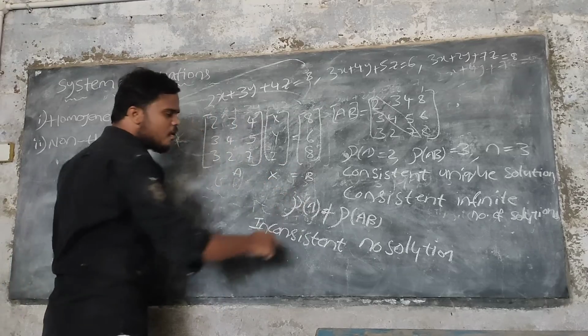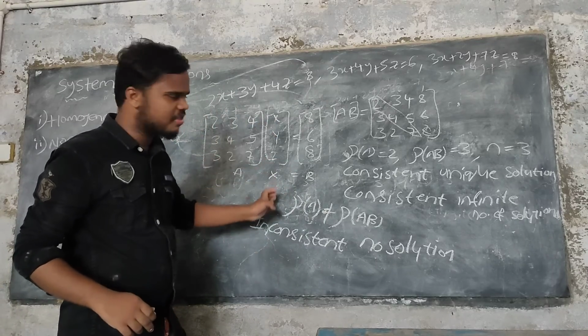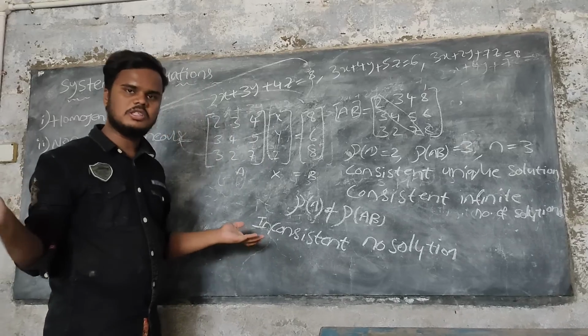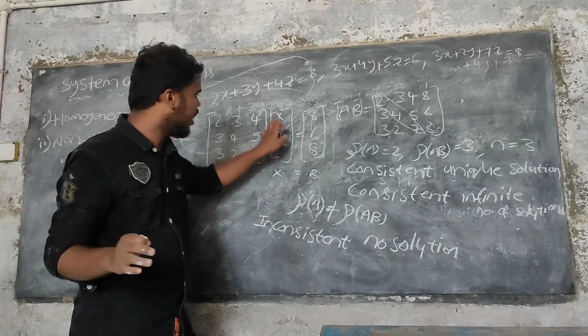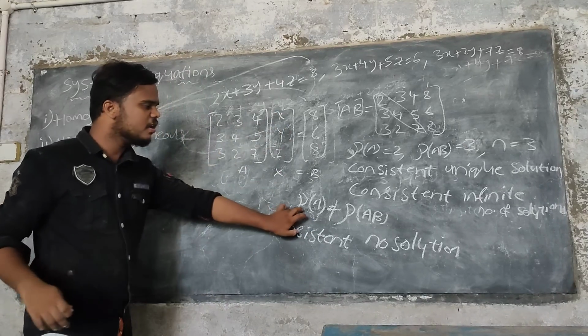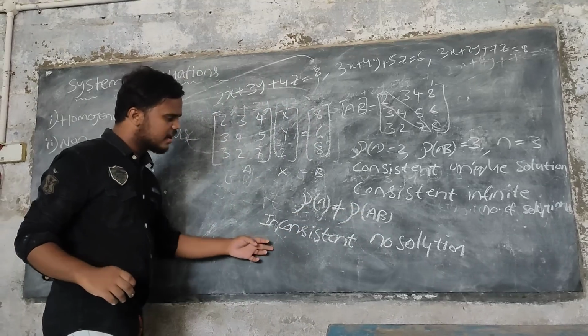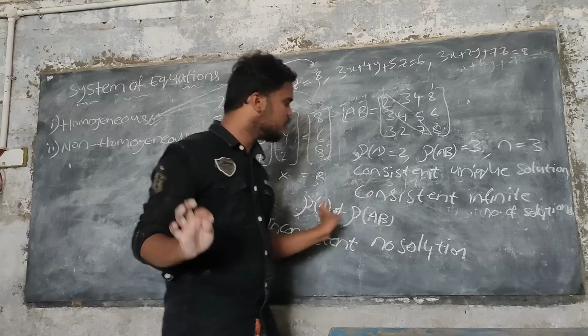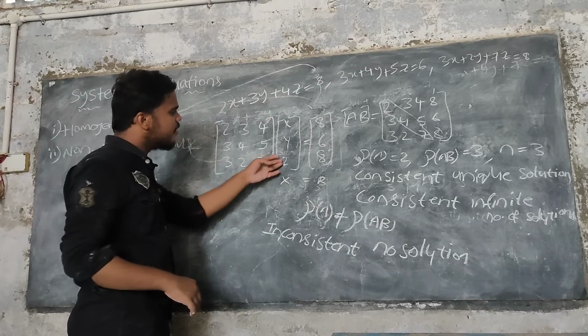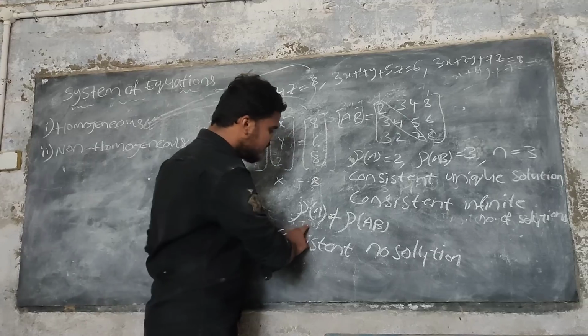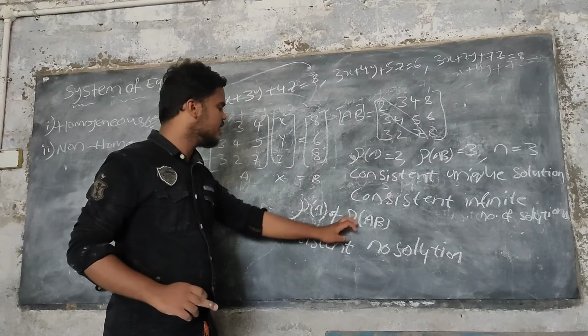In such a case, we need not find the unknown values x, y, z, because there is no chance to find them. When rank A is not equal to rank AB, we just write inconsistent and no solution. We don't have a chance to find x, y, z values.